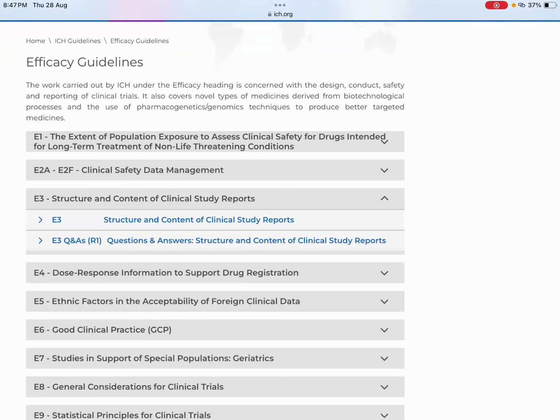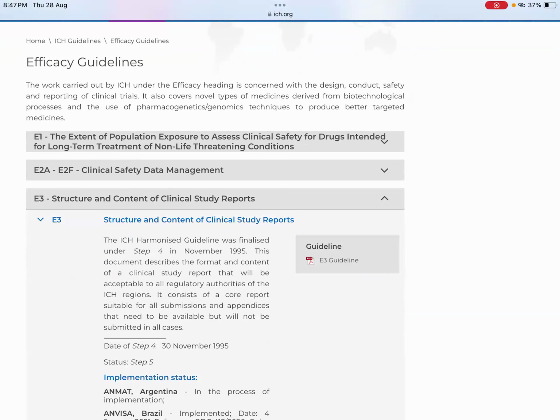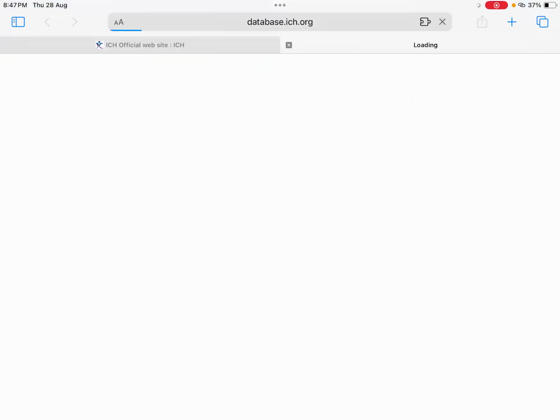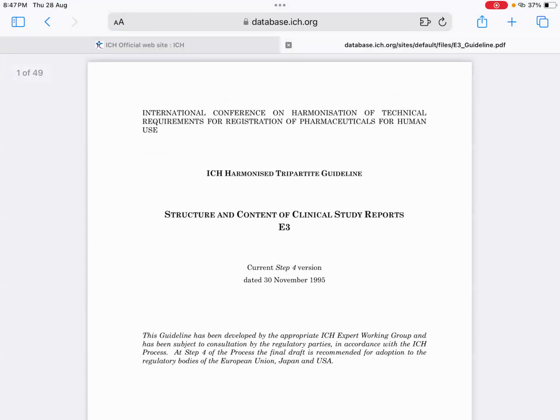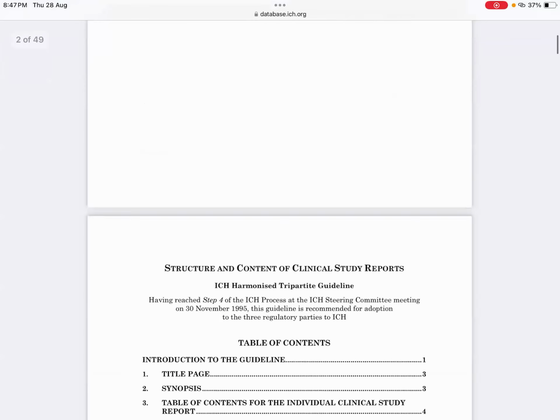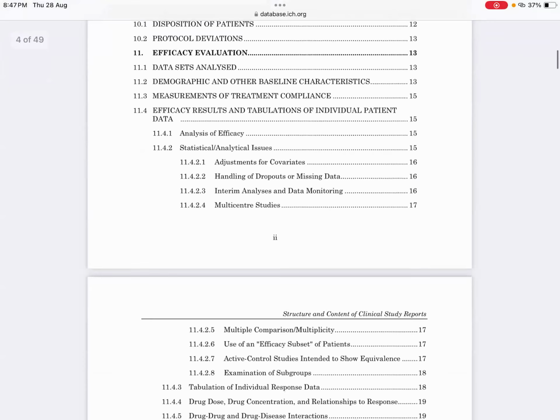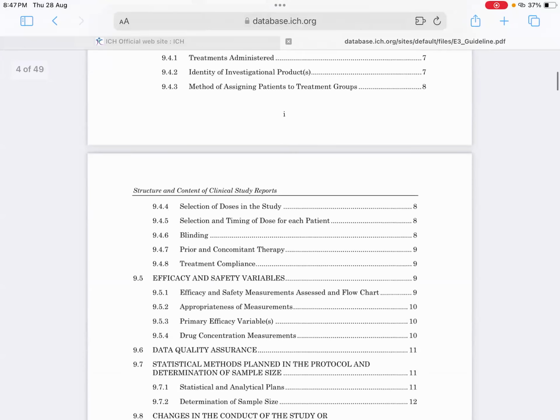How good it is, right? So here, the E3 guideline is the one that we follow to write a clinical study report. Open it. Here it is. Whatever I have told you is all here, and in detail.